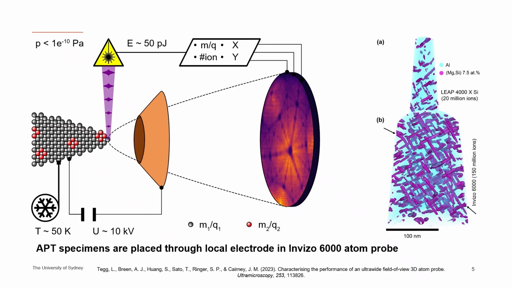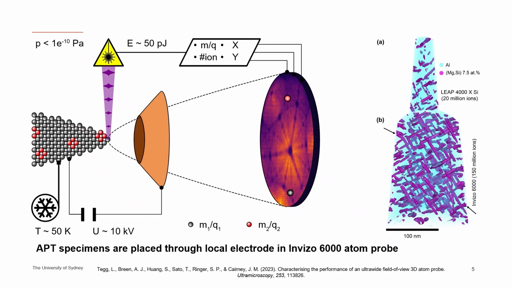This is necessary so that via voltage pulsing or laser pulsing, individual atoms can be detached and become ionized. These ions are then accelerated through a mass spectrometer where the time of flight is recorded as an identifier of the elemental species. At the end of the mass spectrometer is a position-sensitive detector, so that the X and Y coordinates, as well as the ion sequence number, can then be used to generate a 3-dimensional compositional map. This is a destructive process.